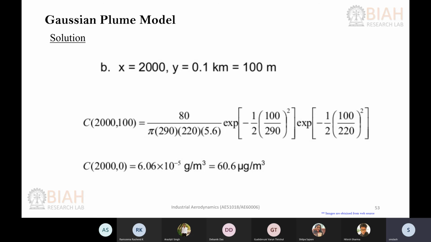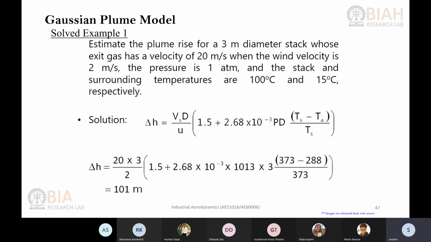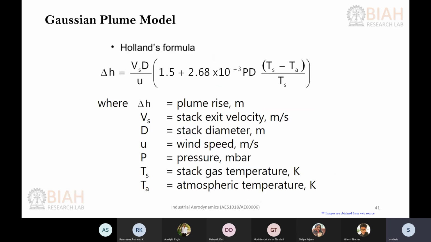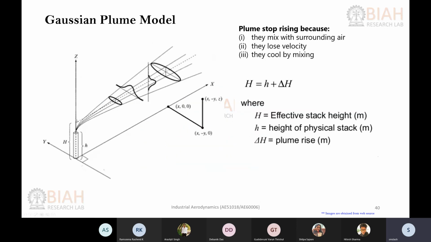This is where we will stop for atmospheric pollution dispersion. We have considered only a point source of emission of the pollutant. There could be a line source, or a few more analyses, which I think are not necessary. Considering only point source is good enough, but in some cases this point source emission may not be applicable.